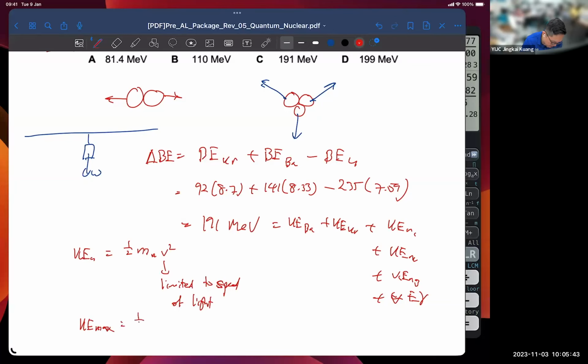You can take half mass of neutron multiplied by (3 times 10 to the power 8) squared. If we keep on increasing the amount of KE that has to be carried, eventually you come close to this value here. Once you come close to this value, then you've got an issue, because remember, your neutron or whichever mass cannot go past the speed of light. So there's a maximum here.